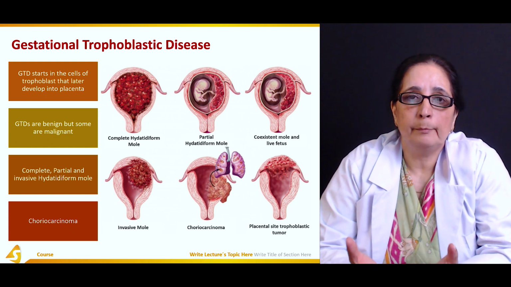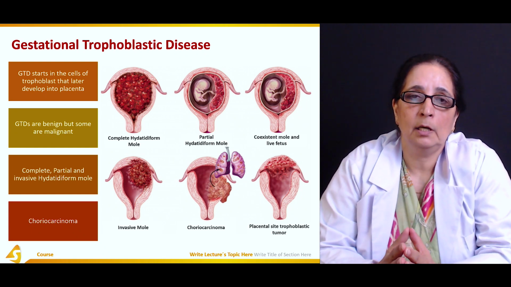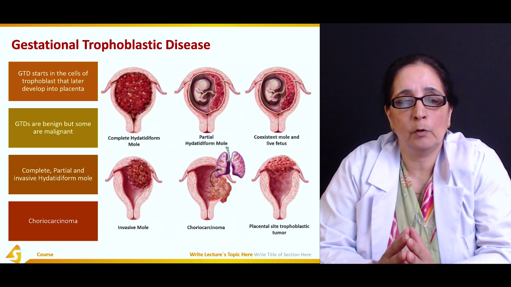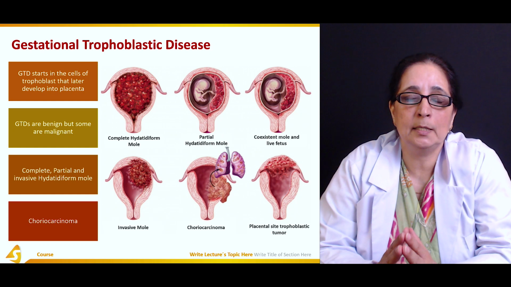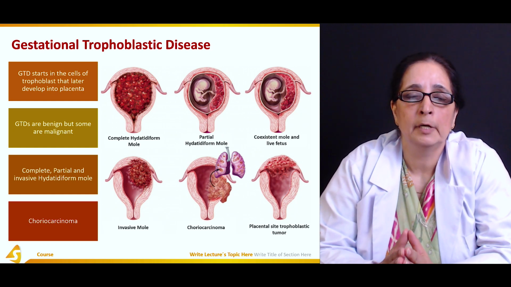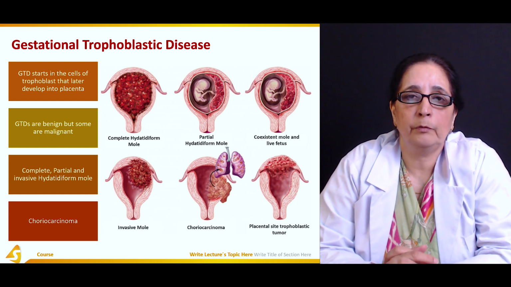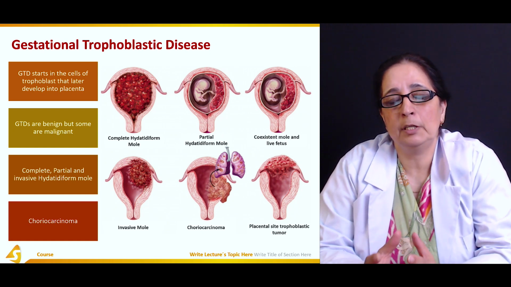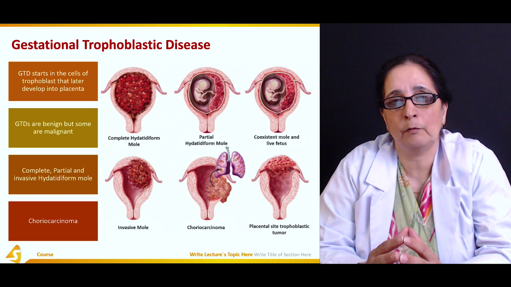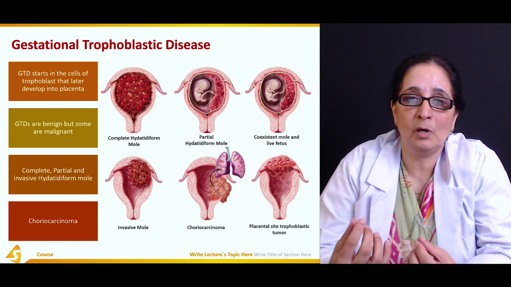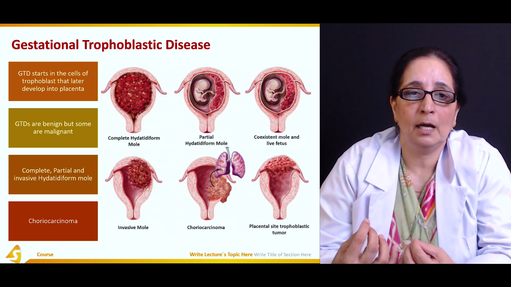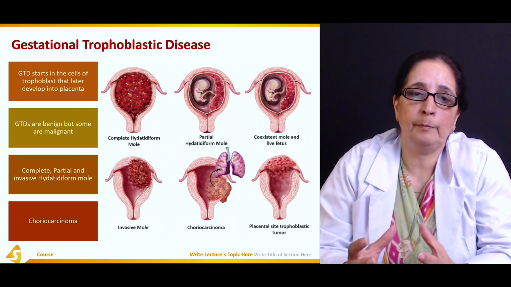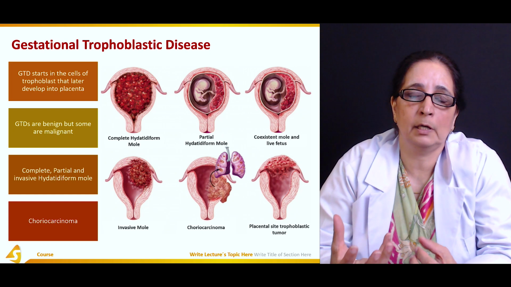They can be complete, partial, invasive mole, hydatidiform mole. Hydatidiform mole is the most common form of gestational trophoblastic disease, and in molar pregnancies the hydatidiform moles are formed, which are like swollen villi of the placenta, which give the shape of a bunch of grapes.